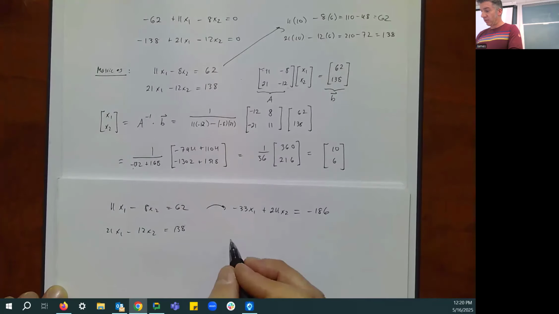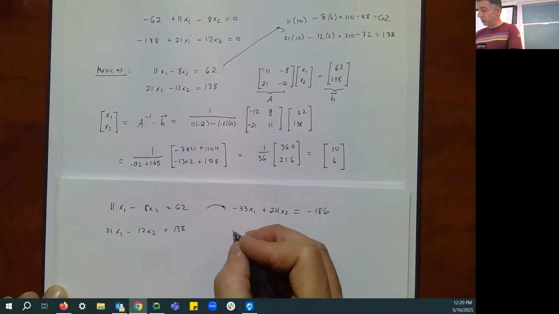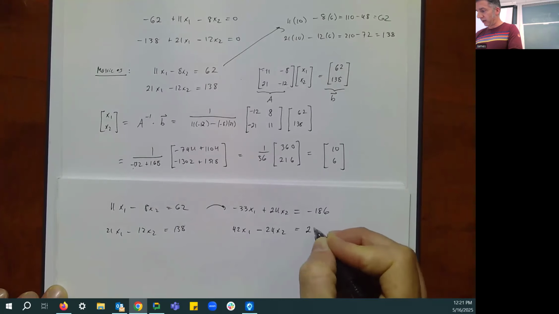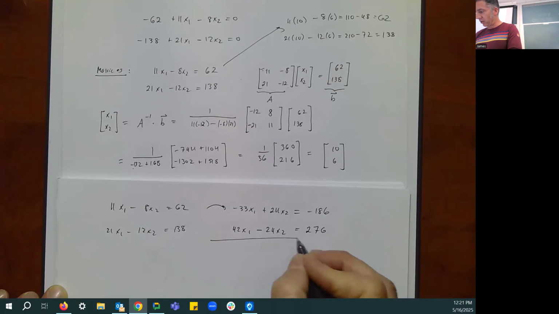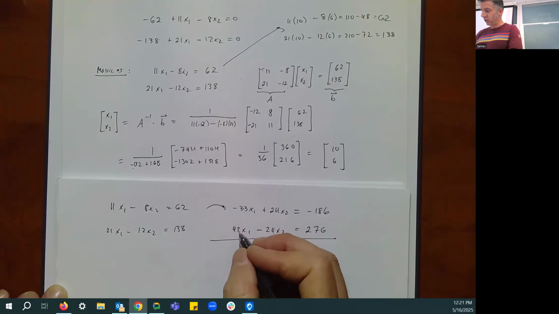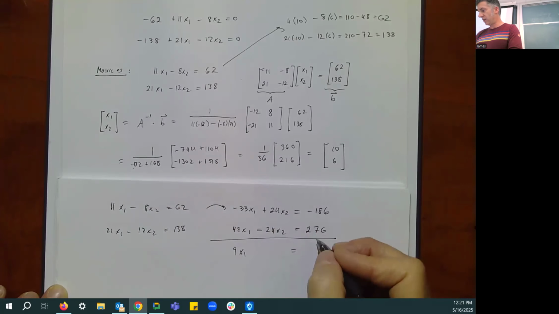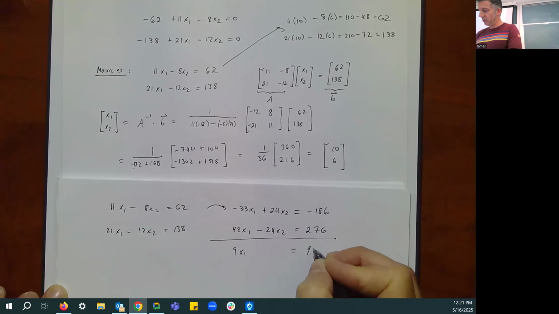And the second equation by positive 2. So 42x1 minus 24x2 equal to 276. We're going to add these equations together. Negative 33 plus 42 is 9. Those are 0. Negative 186 plus 276 is 90. So we do get x1 equal to 10.